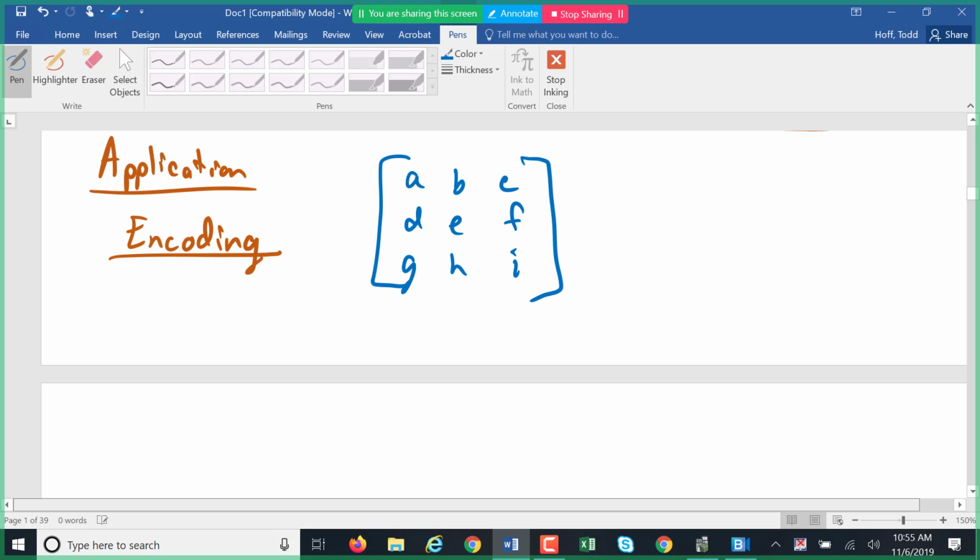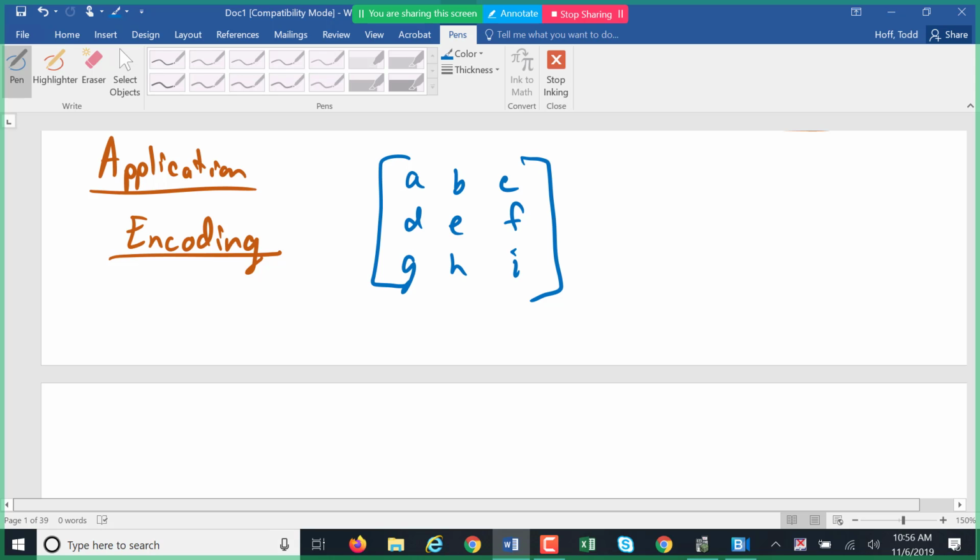And then we use a key matrix to encode it and the inverse of that matrix to decode it. But 3x3 matrices are a little tough. At this point, we don't want to go through the effort of finding the inverse of a 3x3 matrix. It's a lot of work.